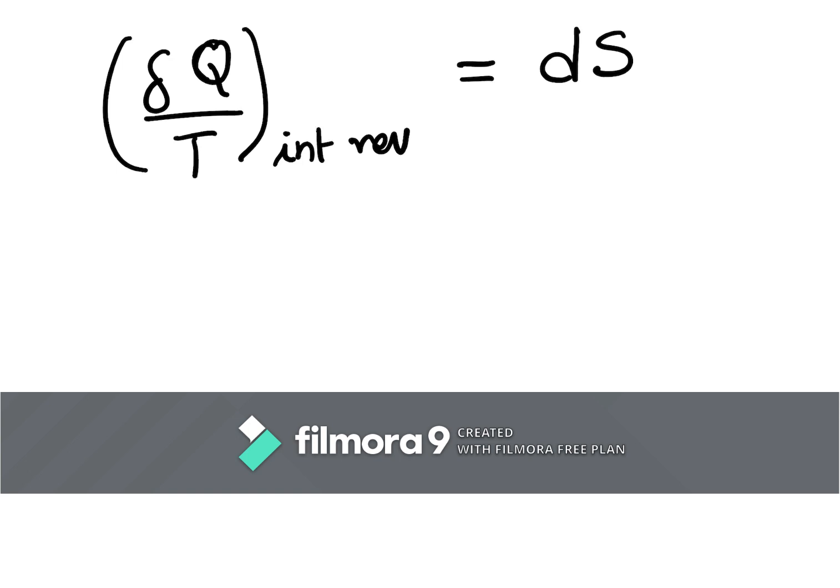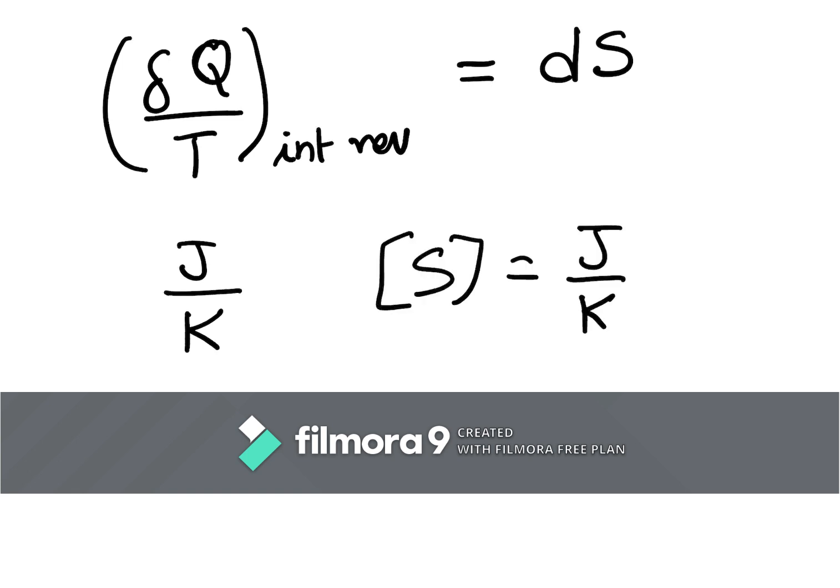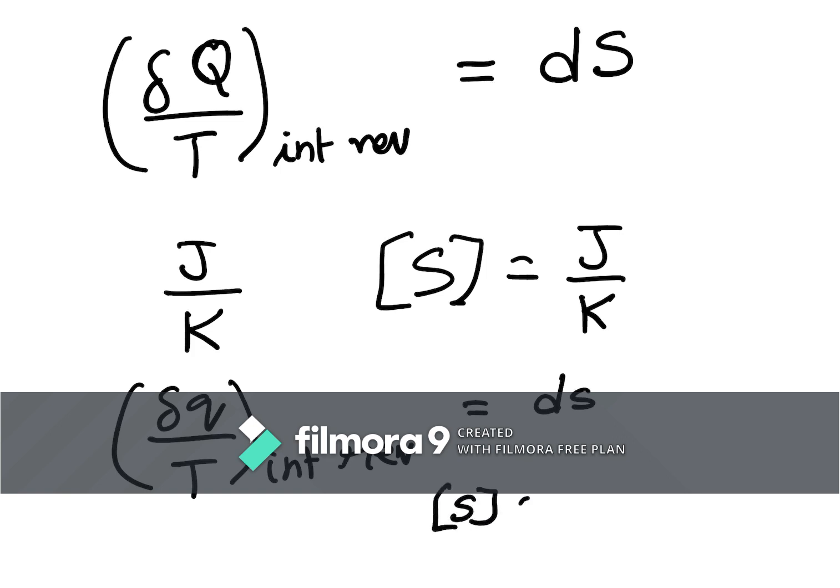Heat has units of joule, temperature has units of Kelvin, so uppercase S has units of joule per Kelvin. On a per mass basis, delta Q over T internally reversible equals ds, where s has units of joule per Kelvin per kg.